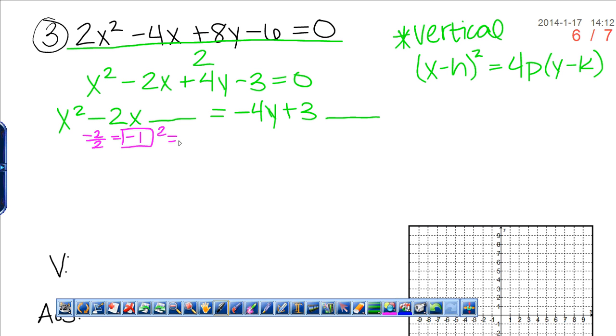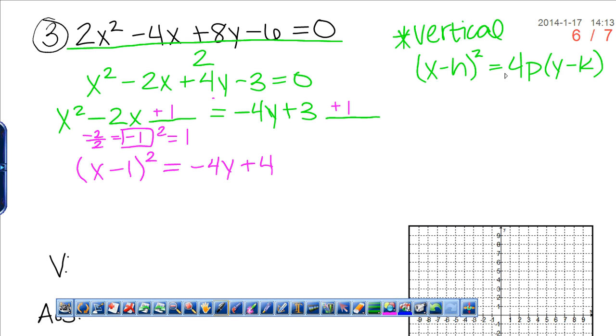Box it, square it, and you get 1. I'm going to add 1 here, and I'm going to add 1 here. All right, so that gives me x what? Minus 1 squared is equal to negative 4y what? Plus 4.